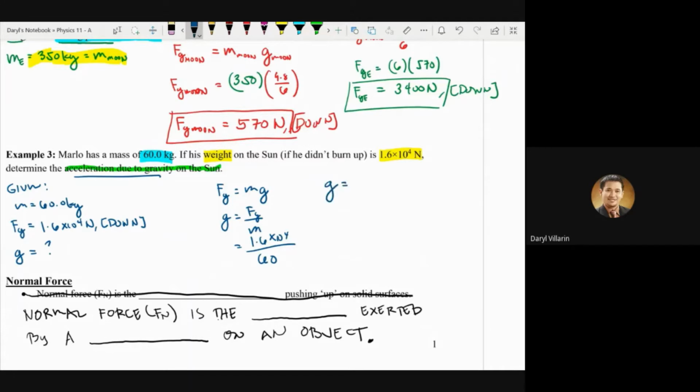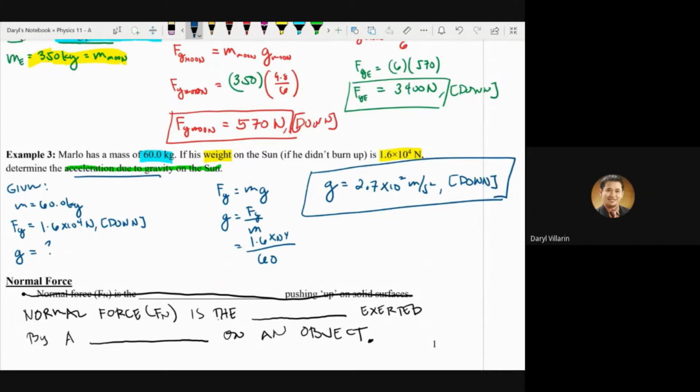So if you divide that, that would give you an answer of 2.7 times 10 to the power of 2 meters per second squared, down. If you can see, that's around 270 meters per second squared.